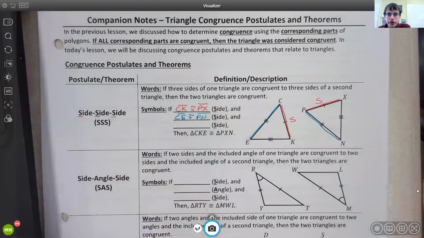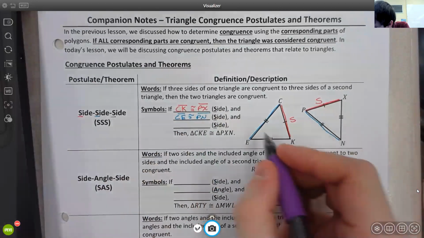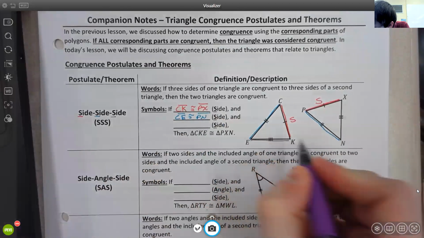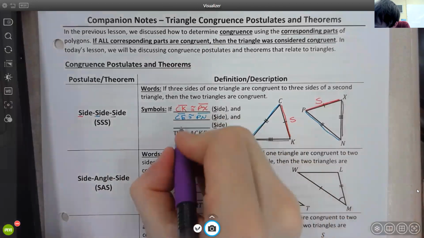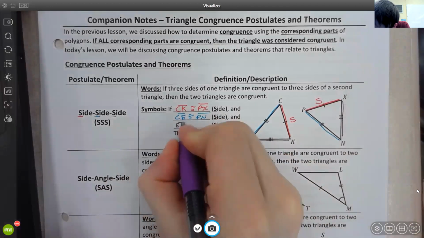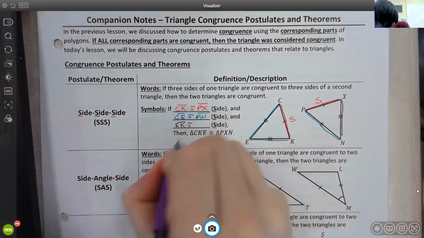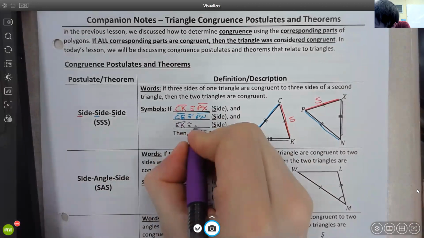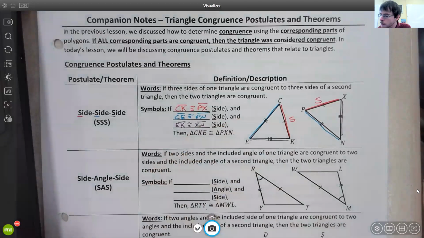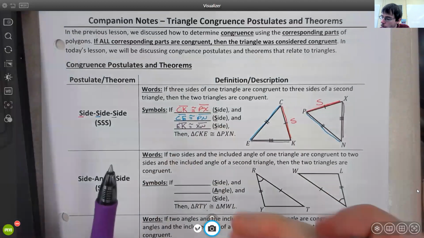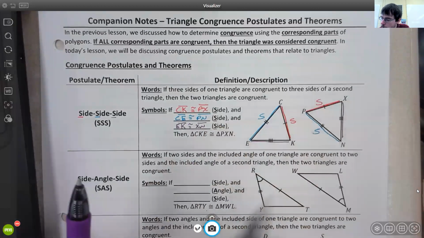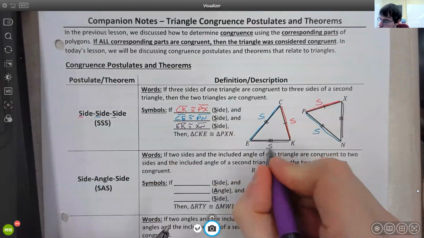And then finally, I'm going to move on to our purple here, and that's our last side EK, which has 3 congruent tick marks, which is the same as XN. So EK is congruent to XN, excuse me.